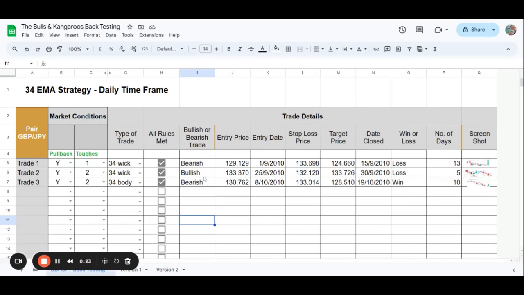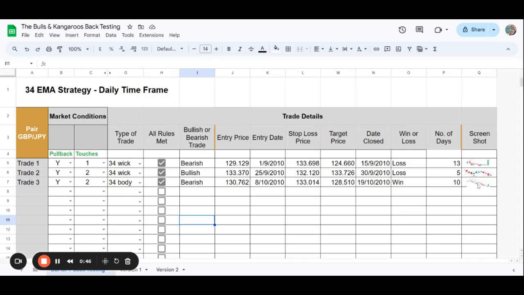These particular 3 trades were 2 bearish and a bullish trade. I've got our entry prices, the entry dates, stop losses, targets, the win or loss details, and then the number of days we're in each trade.